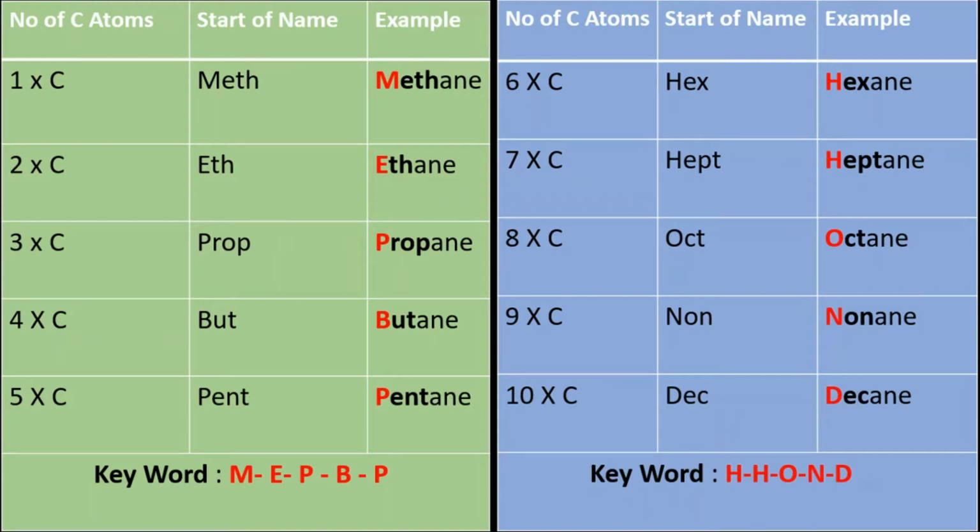So if you hear the word decane, from the word dec you can simply tell it contains 10 carbon atoms, and from the word ane you can tell it has single bonds among all the carbon atoms. I have again written a few keywords for your understanding.